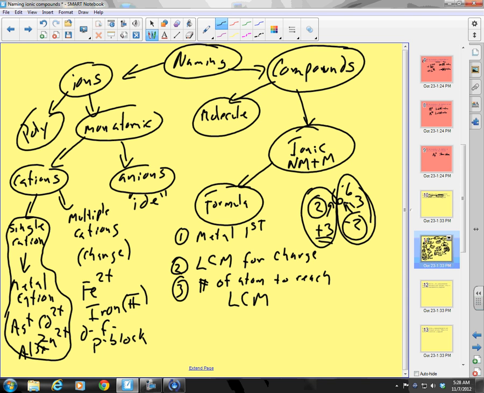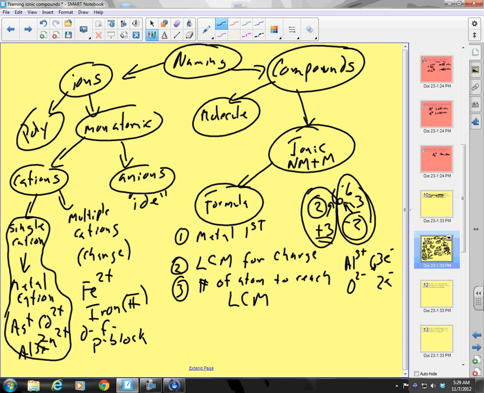Let me slow down. If I have a cation that is a +3, like aluminum 3+, how did it get 3+? Well, it lost 3 electrons. And if I have an oxygen, which is a 2-, how did it get 2-? It gained 2 electrons. Well, we're assuming all those electrons go from the aluminum to the oxygen, right?